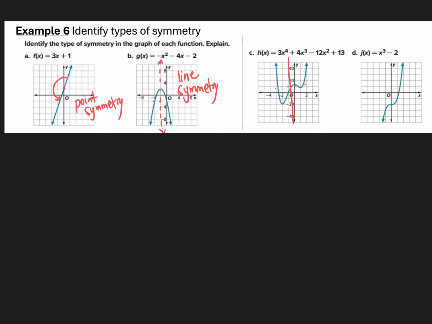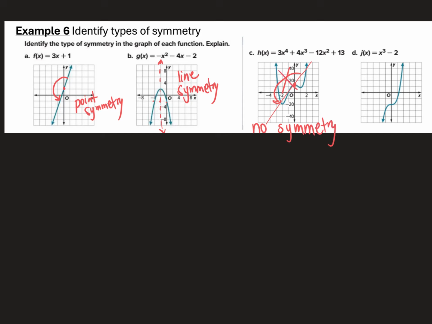No. So it does not have line symmetry, and I'm going to erase my line. Can we put a point here and rotate this graph 180 degrees and map onto itself? No. So this one has no line symmetry or point symmetry. No symmetry.